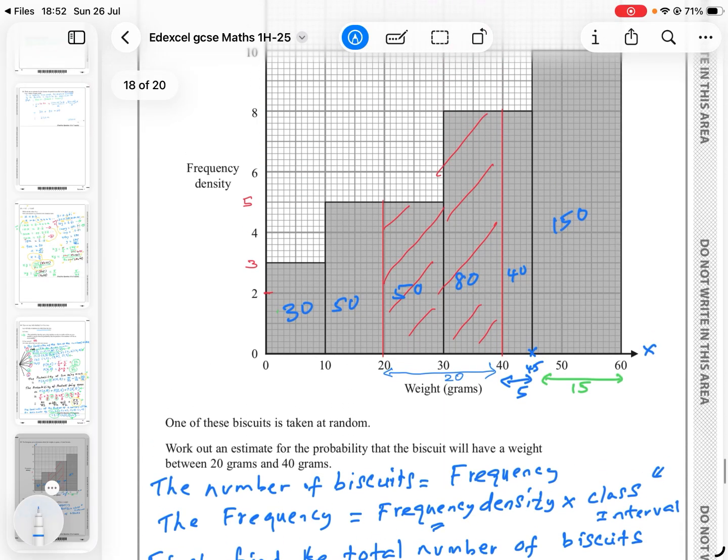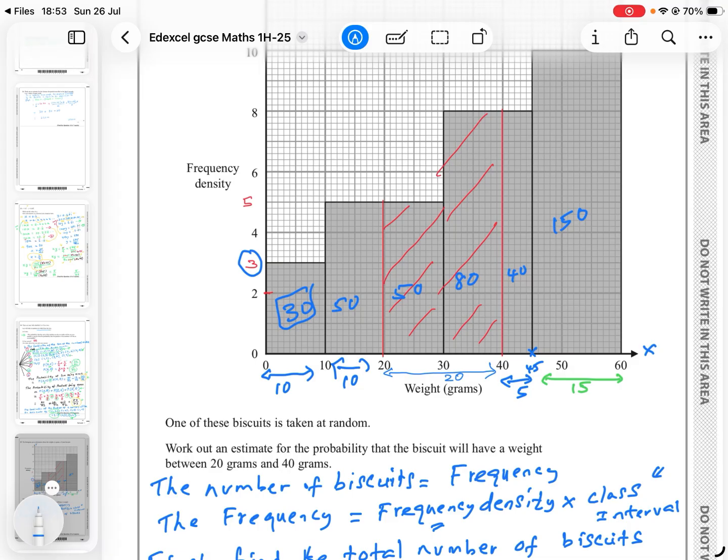Total number of biscuits is the total frequency, the frequency density times the class interval. So when you look here, first this one, class interval 10, frequency density 3, so 10 times 3 is 30. So in this interval you have 30 biscuits. Likewise, 10 times 5 is 50.